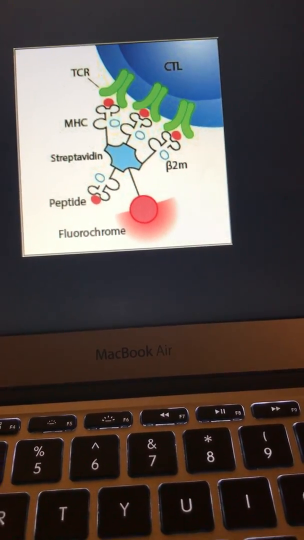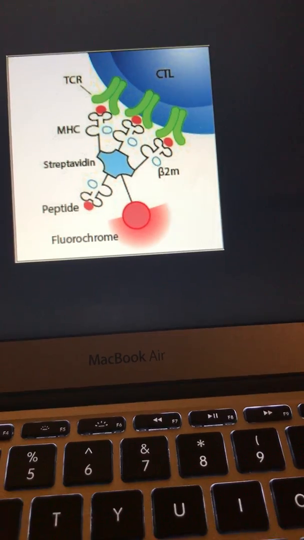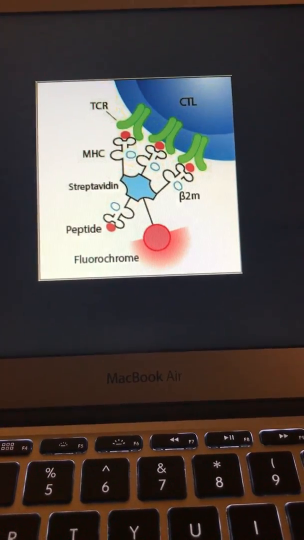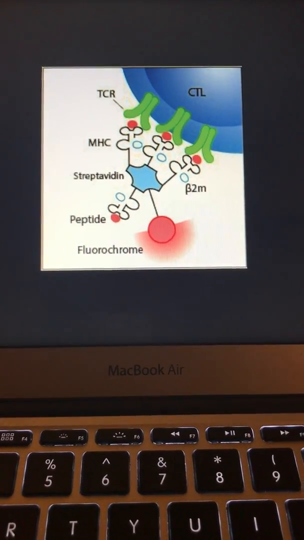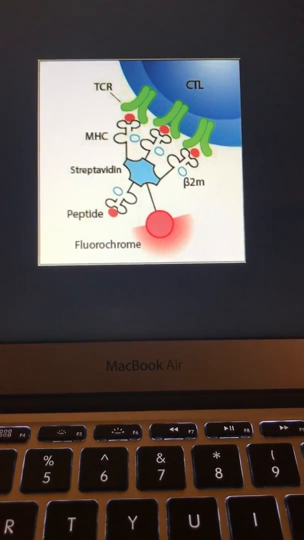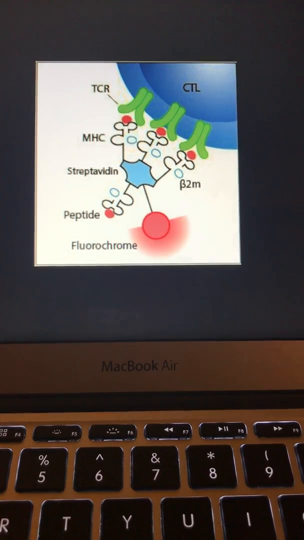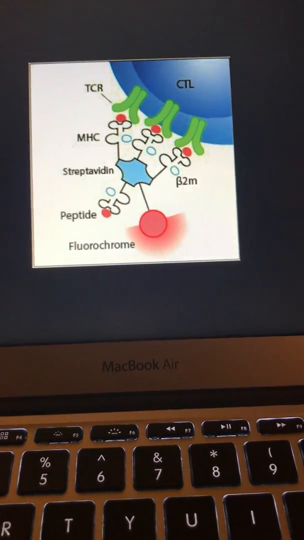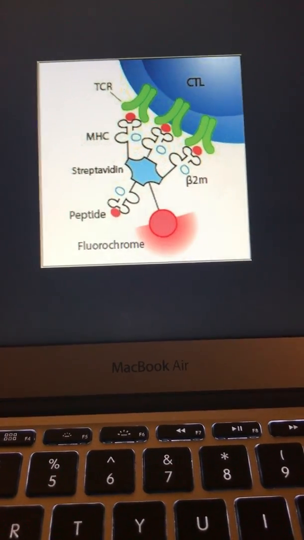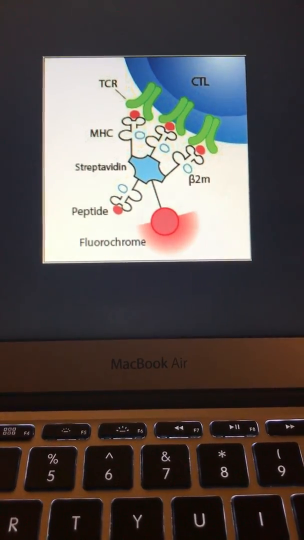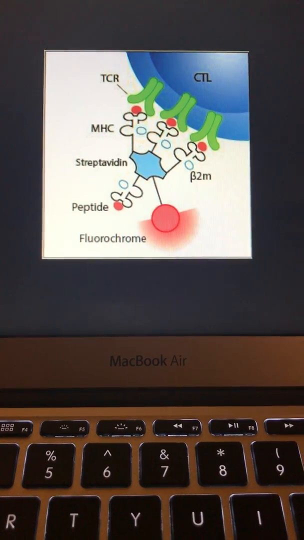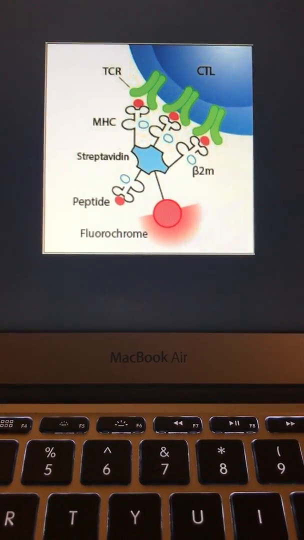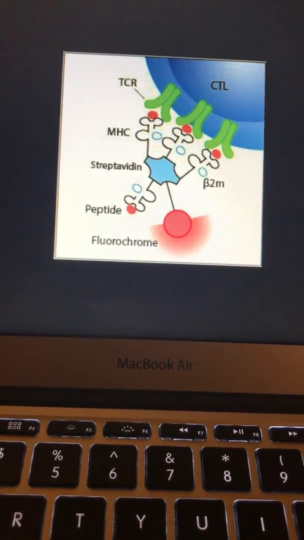Streptavidin is the centerpiece of a tetramer. I kind of look at it as the nucleus, the main source. It's a molecule that forms homotetramer complexes. However, part of the MHC can be replaced by covalently bound biotin.